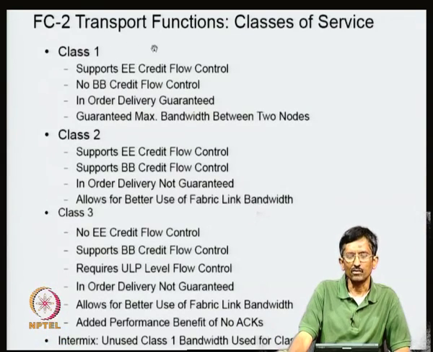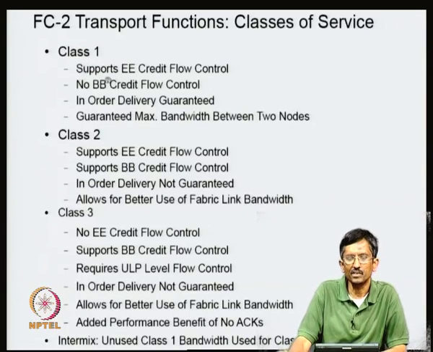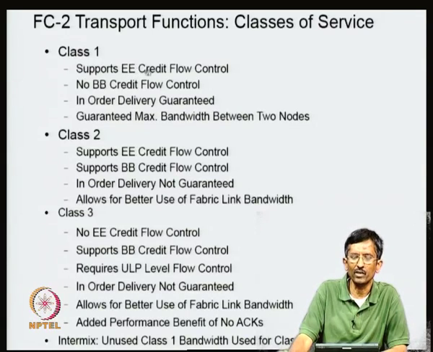So, class 1, as I mentioned earlier, supports end to end credit flow control. There is no buffer to buffer credit flow control. In order delivery is guaranteed, and also maximum bandwidth is guaranteed.